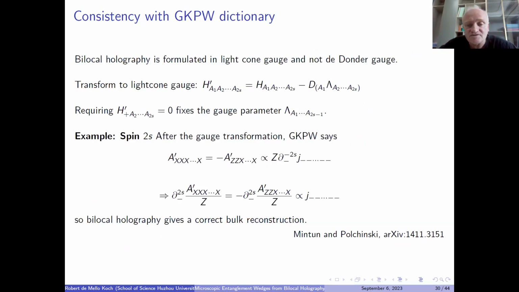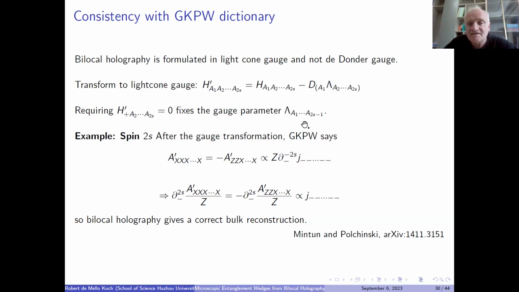This discrepancy was resolved by Minton and Polchinski. And the way to resolve this puzzle is that bilocal holography is formulated in light cone gauge, not de Donder gauge. So you should perform a gauge transformation. So h prime is equal to h minus the derivative of the gauge parameter. And the way you fix the gauge parameter is you say you want h prime to vanish if it has one or more plus polarizations.